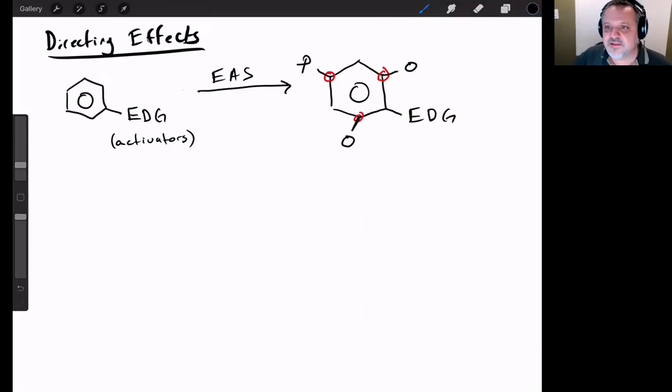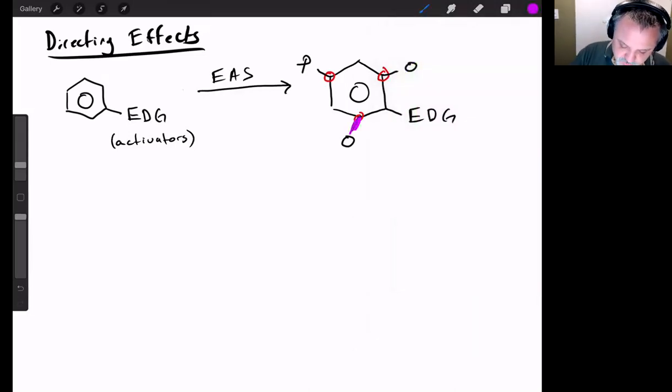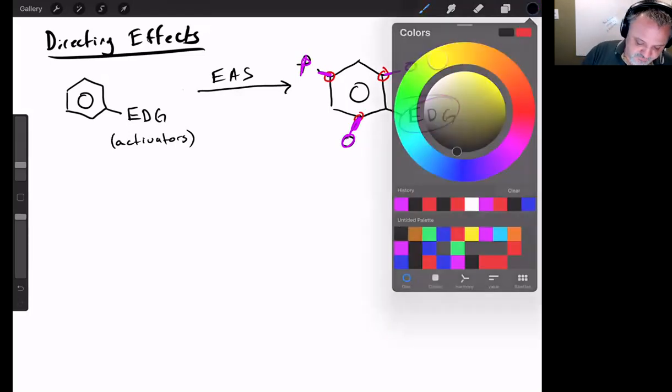And so I'm not saying that we would add all three groups. I'm just saying that these are the positions where we might undergo electrophilic aromatic substitution. And which of these positions it actually undergoes depends on the identity of the electron donating group. But here's the general directing effects.